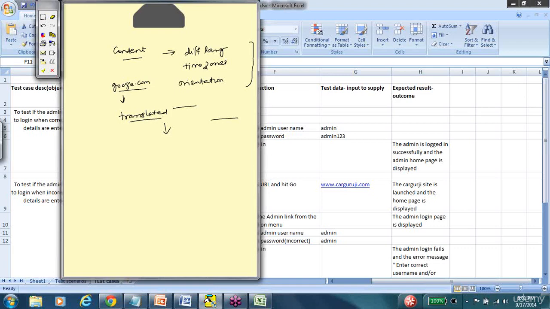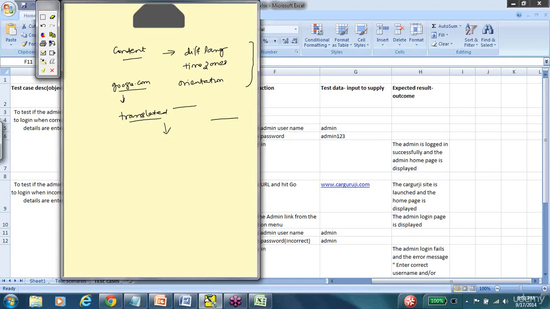These are the few things you will have to take into consideration. For this kind of testing, usually a local language expert is hired because they will be able to tell us the cultural implications of a certain sentence or thing in a better way. But other than that, there's not much to it.